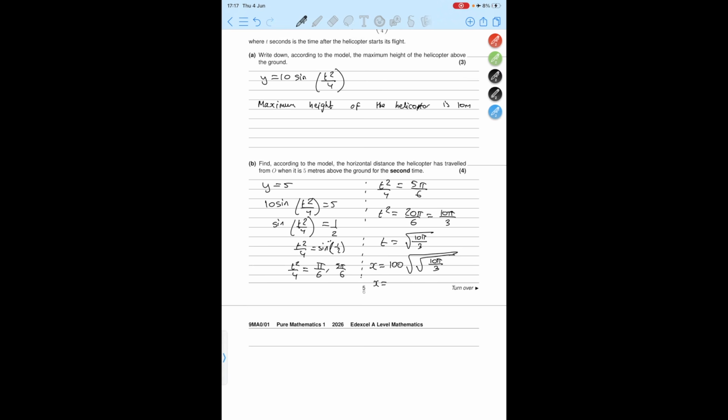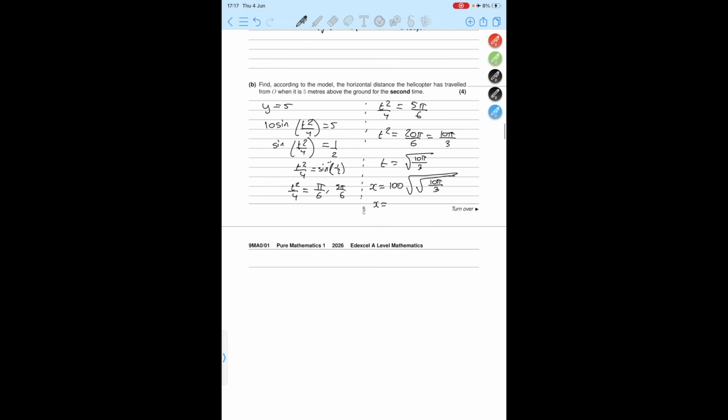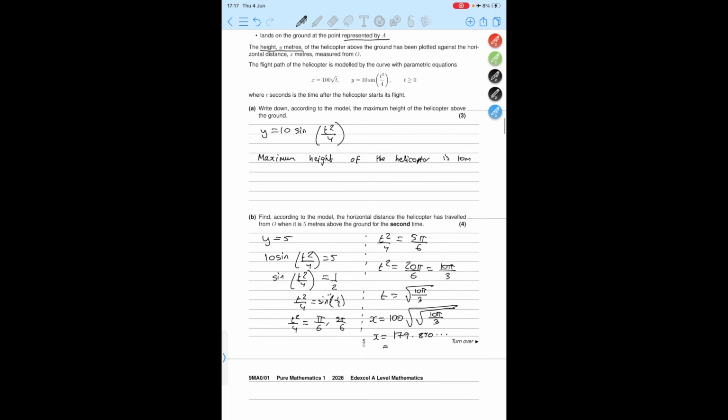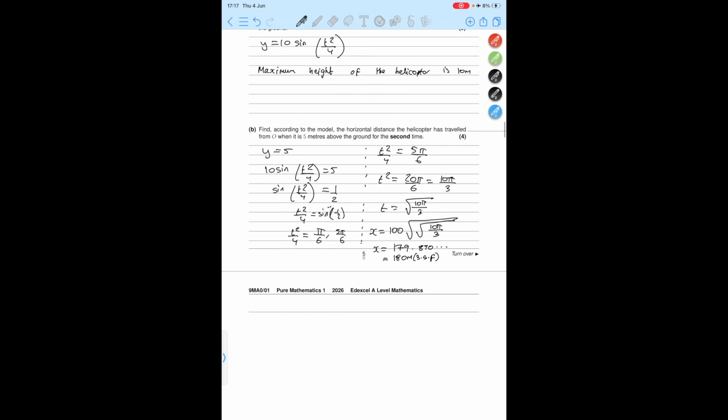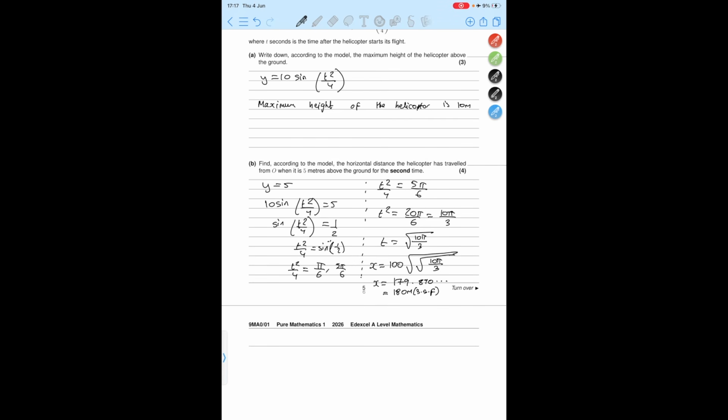So I get roughly 179. I always use 3 significant figures because it doesn't really give me any specification for how I have to round it. So I'm going to say 180 meters to 3 significant figures. Okay, because that's the horizontal distance the second time.